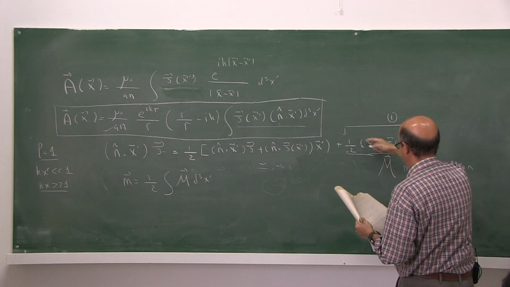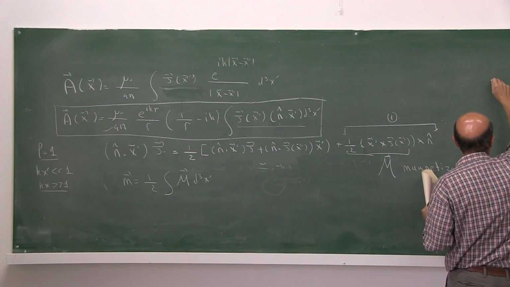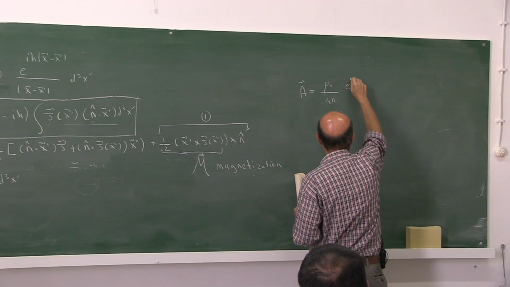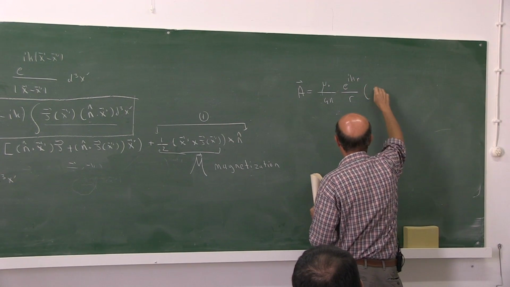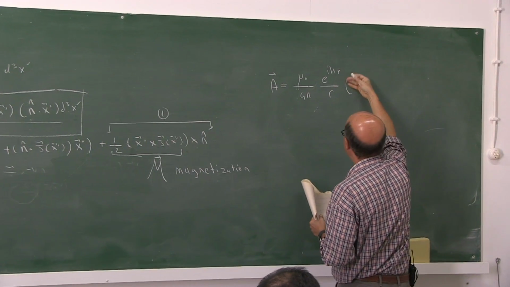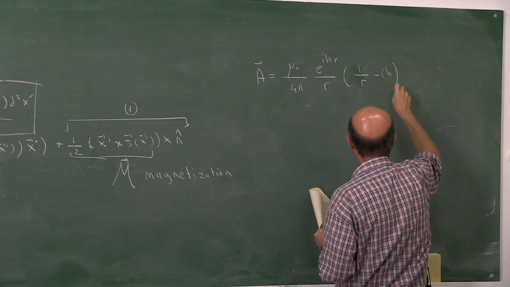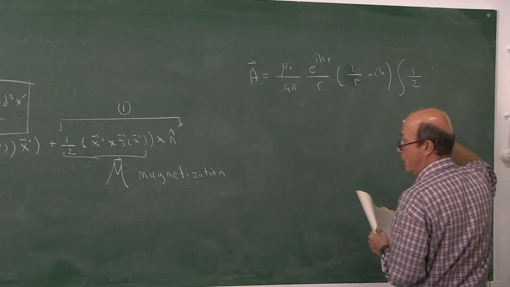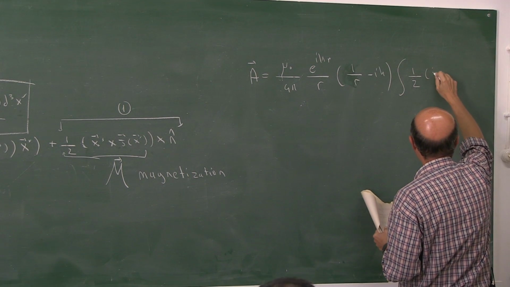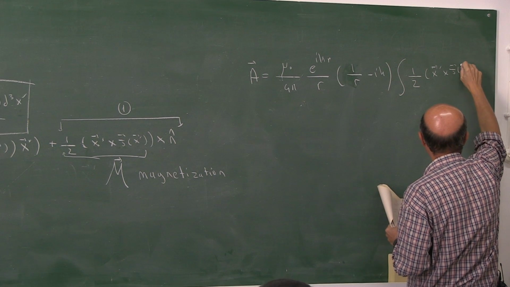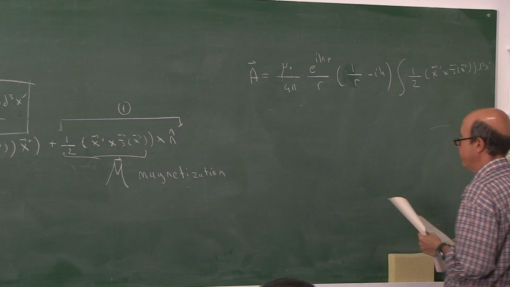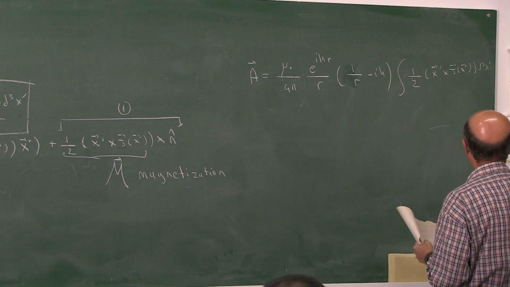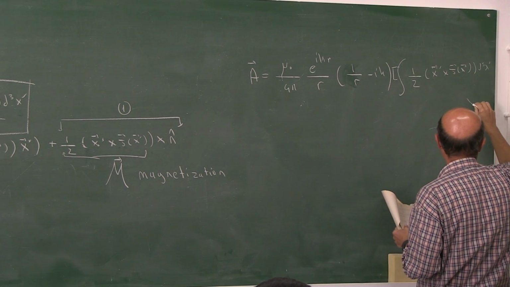So if you take this part and plug it inside the vector potential, you will get the following: mu0 over 4 pi, e to the ikr over r, 1 over r minus ik, and 1 over 2, x prime cross current density, integrated d cube x prime, and cross product with n.